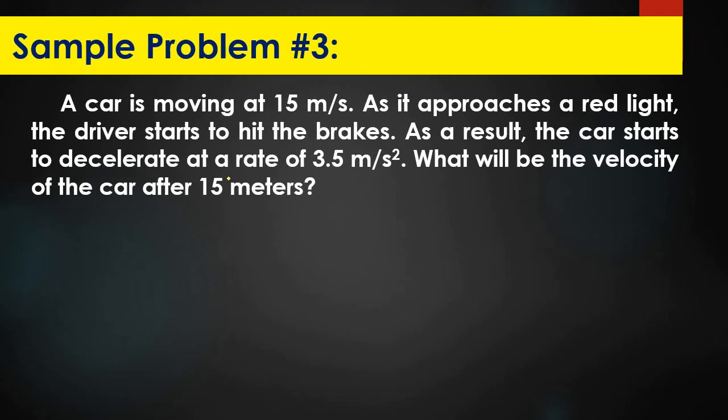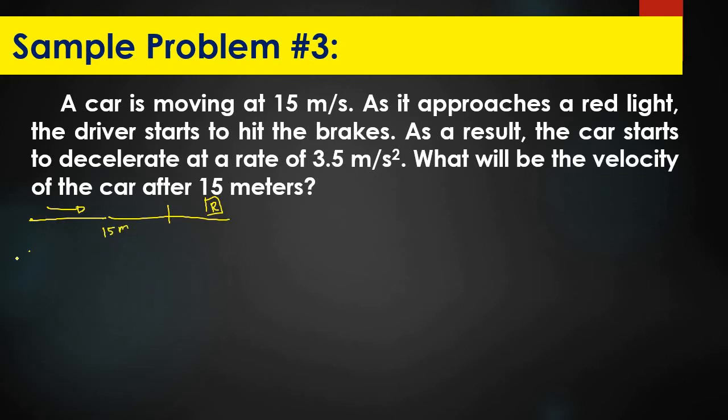What will be the velocity of the car after 15 meters? So you are traveling at 15 meters per second, and there is a red light here. Now you will brake, and your braking is 3.5 meters per second squared. The question is, what is your final velocity after 15 meters?